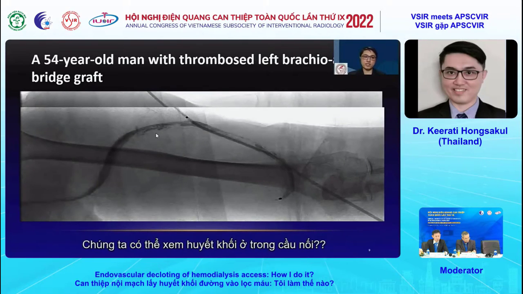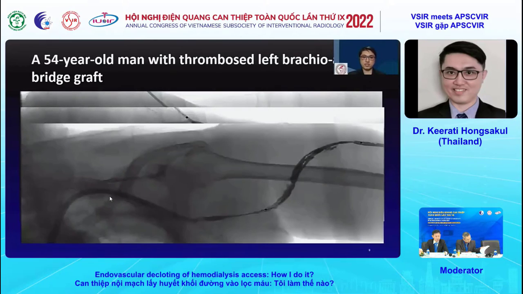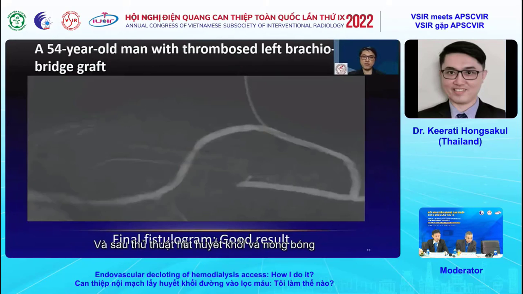You can see there's some residual clot in the graft, and also underlying severe stenosis of the graft and the venous anastomosis. And this is after the procedure, after lysis and balloon angioplasty. You can see it's a good result on the fistulogram.